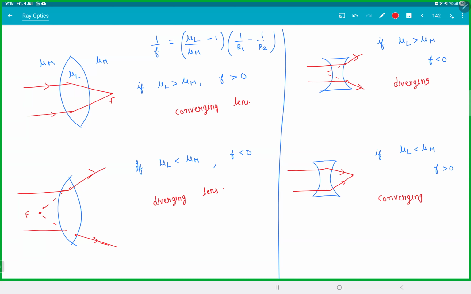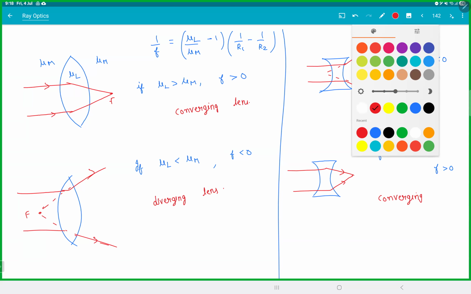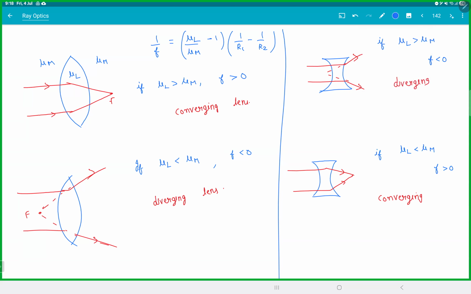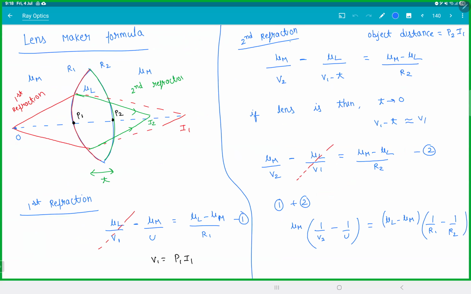In the options, they'll give four cases: mu L greater than mu M, mu L less than mu M, and ask whether biconvex is converging or diverging. If you blindly remember biconvex is always converging, you'll get trapped. Clear with this? That's a bit of theory about the lenses, the tracing of images and the formulas.